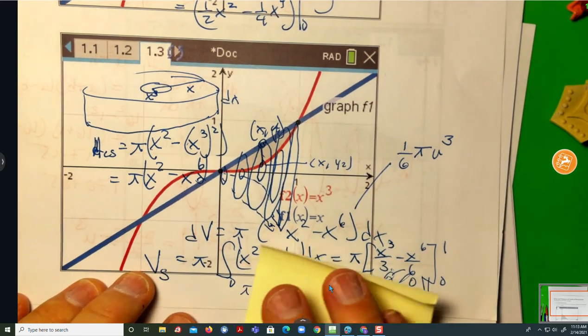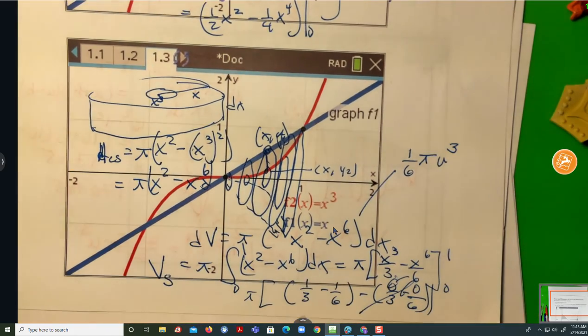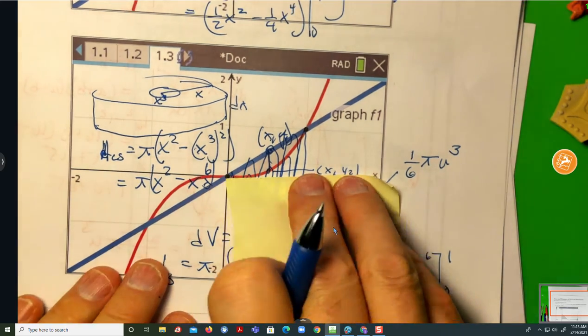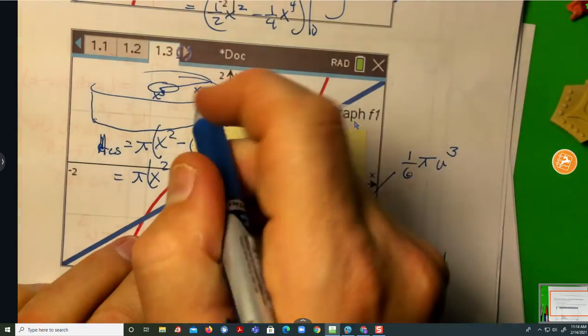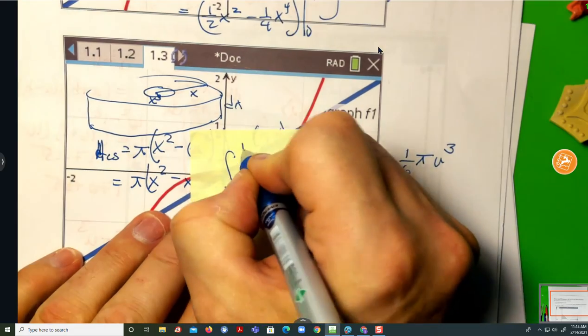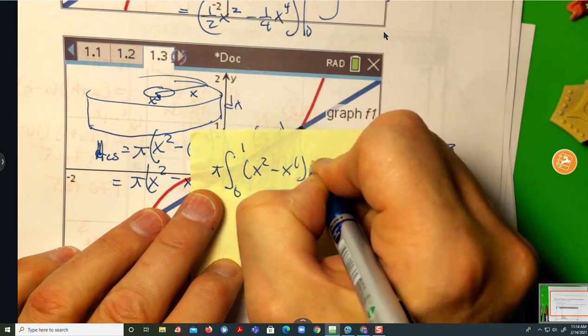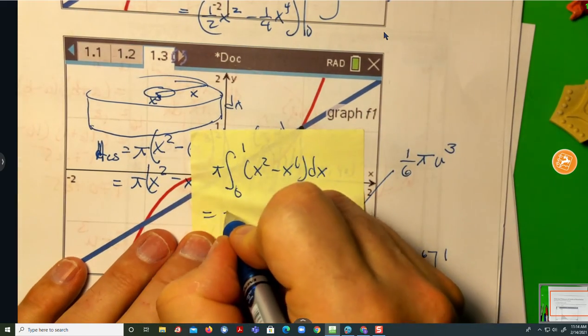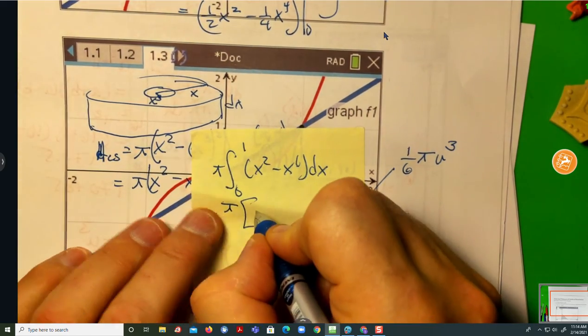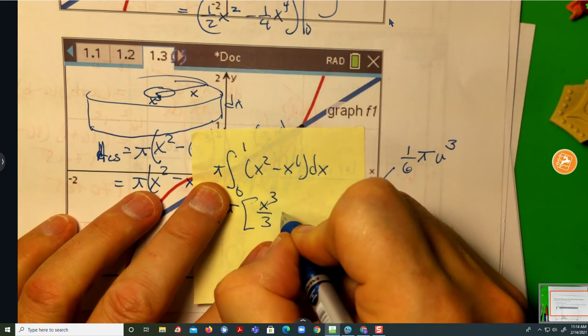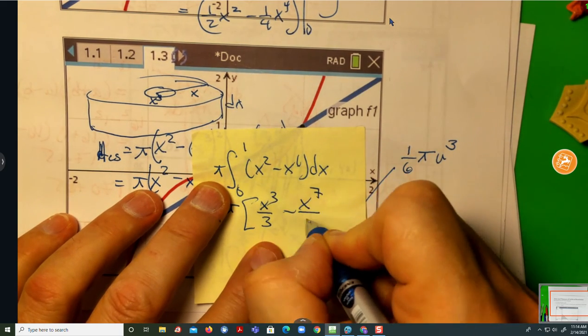The integral is set up correctly. However, I forgot to add a power to the second part of this fraction. So, it's from 0 to 1, x squared minus x to the 6th dx, which will be pi. This will be x cubed over 3, but I forgot to add, for some reason I thought it was x to the 5th.